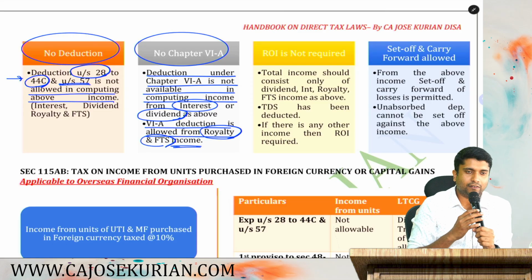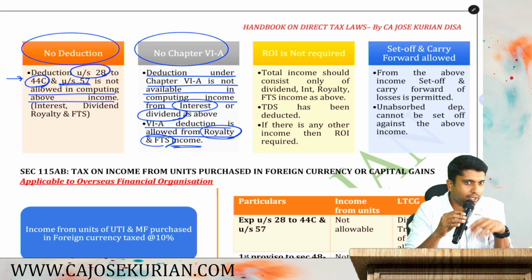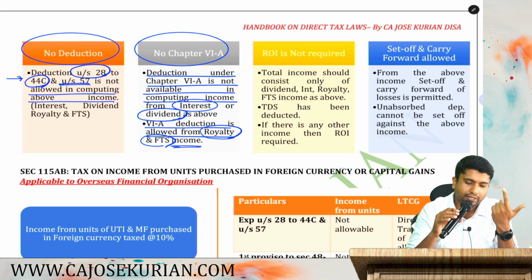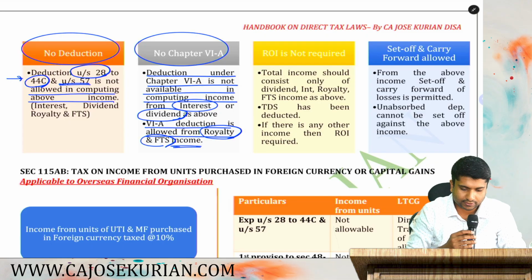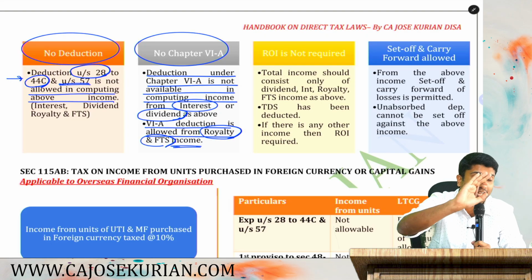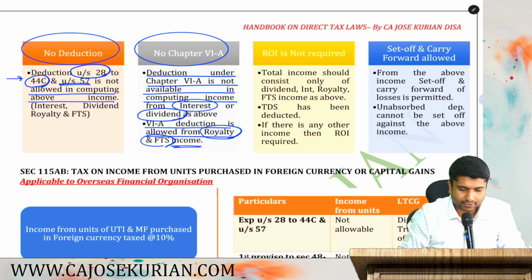Sorry, for interest income and dividend income, you cannot claim chapter 6A deduction. From the other income, royalty and FTS, you can claim chapter 6A deduction.